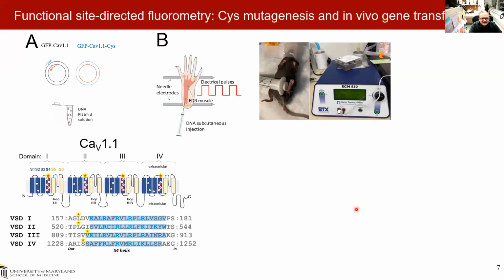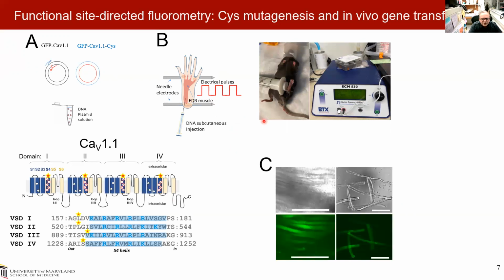Then, we electroporate a superficial muscle of the mouse, in this case the flexor digitorum brevis, with a plasmid coding for a GFP-tagged and cysteine-engineered calcium channel. After three to five weeks, FDBs were dissected out, and individual fibers were isolated and identified via the GFP expression. Most of these constructs were developed by my collaborator, Minerva Contreras.